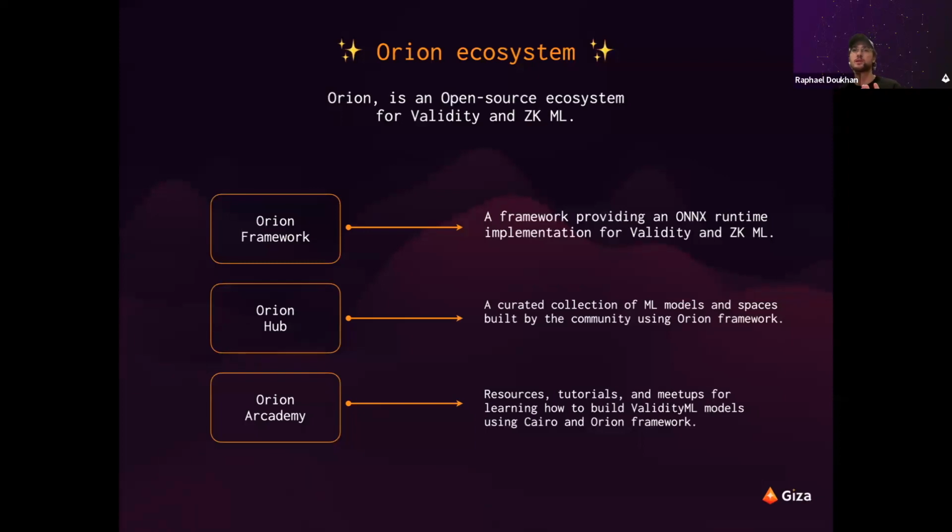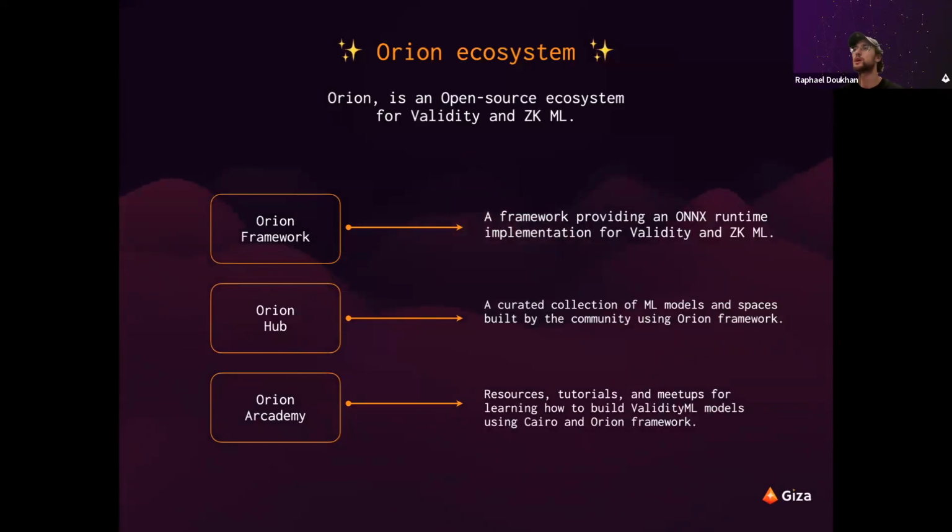Now, what is Orion? Orion is an ecosystem for validity ML and ZKML. We have three main components. The Orion framework, where the idea is to create a framework for validity ML compliant with ONNX. Orion Hub, a curated list of models and spaces.